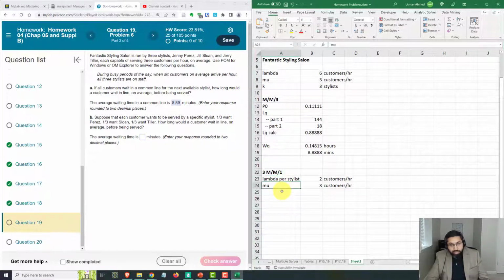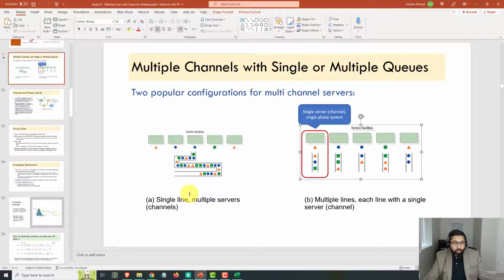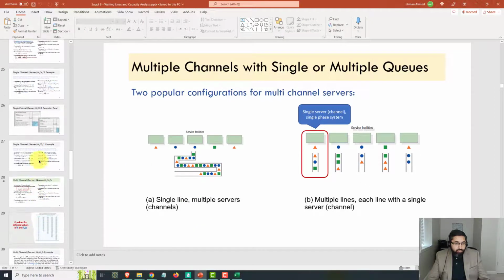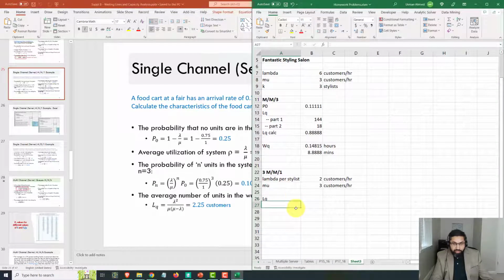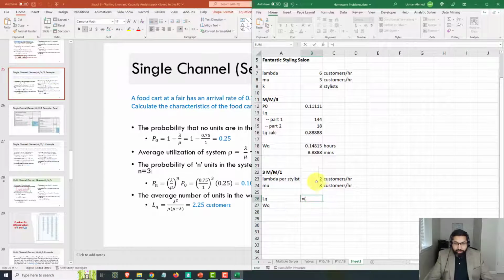It's the MM1 system. And so we have to go to the slides for the MM1 system formulas, which are right here. And we find WQ, which depends on LQ. LQ is right here, lambda squared over mu times mu minus lambda. And so first we will find LQ and then WQ. So for LQ, we're going to first square this new lambda, and then we're going to divide by mu multiplied by mu minus lambda.